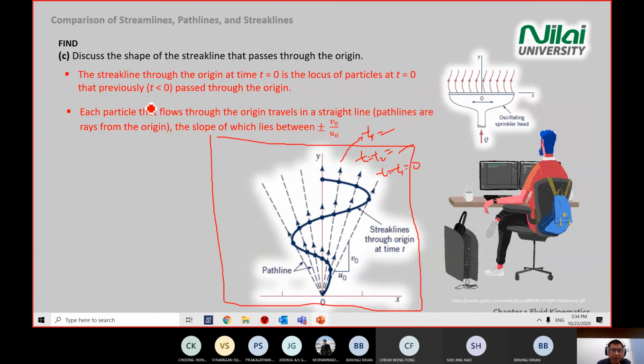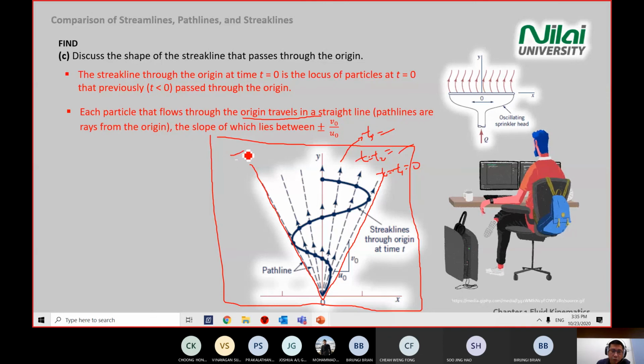Okay, and then you see what is the definition of the stick line? It's just a repeat of the previous particles, right? It flows through the origin. So for example, if in this case, we have a path line, let's say we have this line and this line.